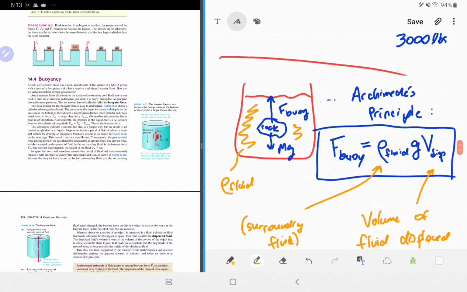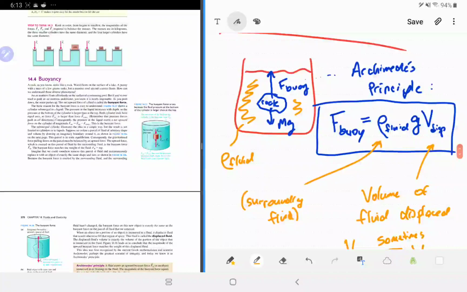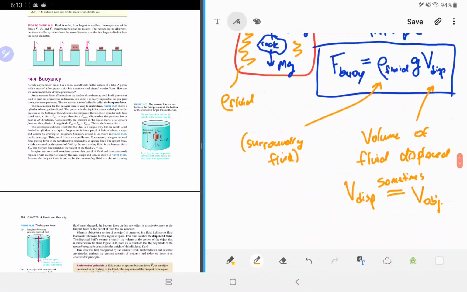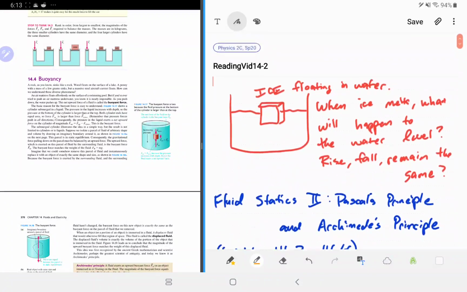So, for a rock, well, actually, I want to go back. At this point, we're able to answer this primary question right here with the ice floating in water. I want to point this out because this is where the volume submerged is not equal to the volume of the object.